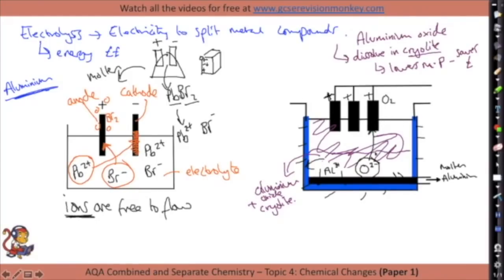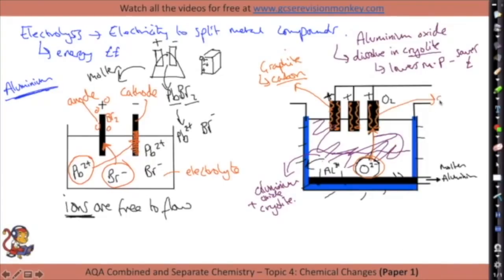But also, there's a really common question in the exam: these electrodes are made out of graphite. And if you remember, graphite is made up of one element, and that is carbon. So they often ask, why do these graphite electrodes gradually degrade and wear away? And the answer is, the oxygen that goes to these electrodes reacts with the carbon, producing carbon dioxide.